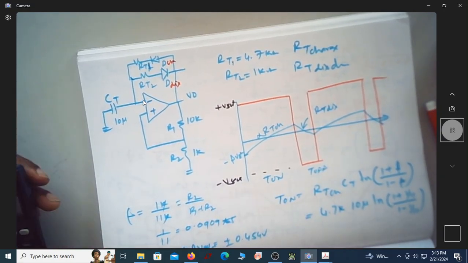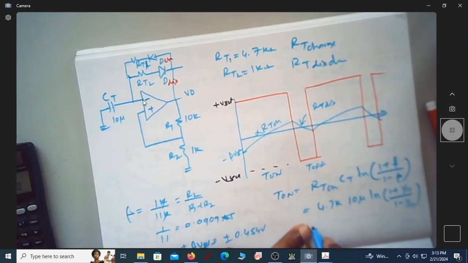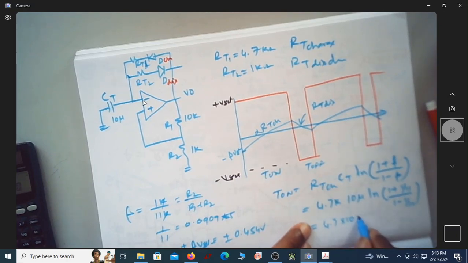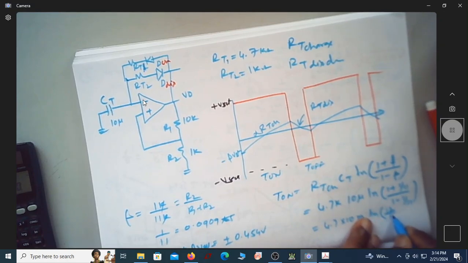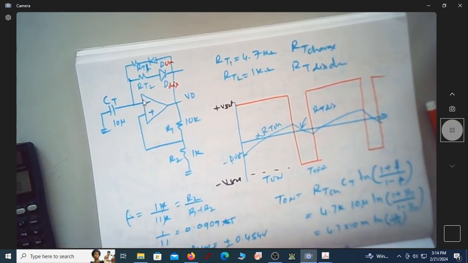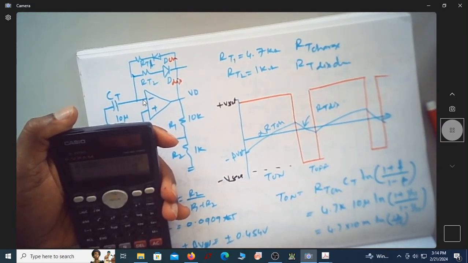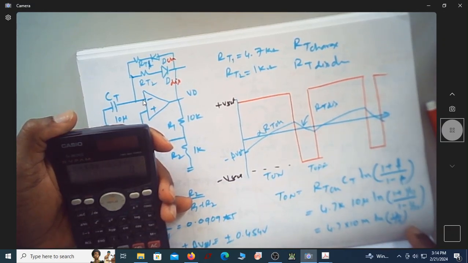That is 12 by 10, which is 1.2. So it is 4.7 exponential of 3 into 10 exponential minus 6, into ln of 1.2, because 11 plus 1 is 12 and 11 minus 1 is 10.